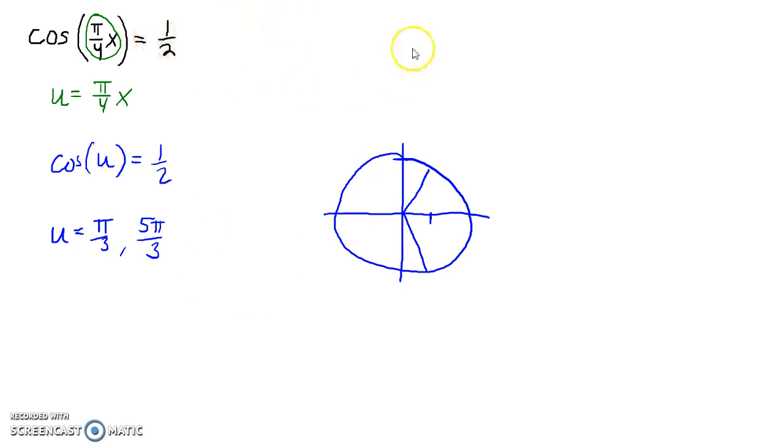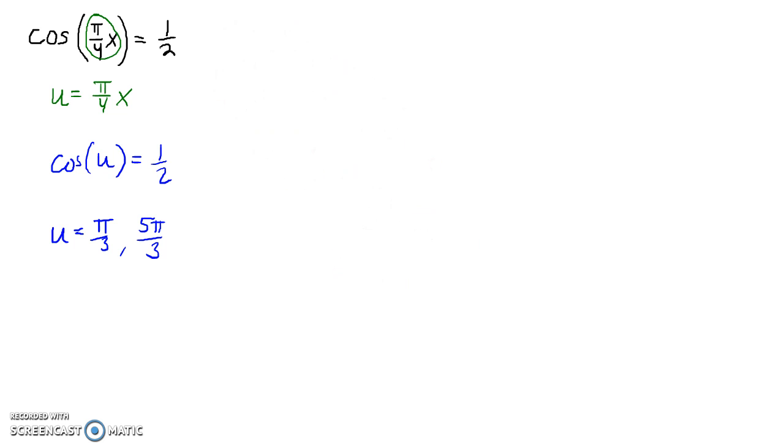Now, in some cases we may want more solutions than just these two. It would depend on what interval we're solving on here. And so there's a couple ways we can handle that. One way is to just start out by writing out all solutions. Pi over 3 is a solution, and for a standard period, if I add any multiple of 2 pi to it, I'll also get a solution, because if I add full rotations I get coterminal angles.